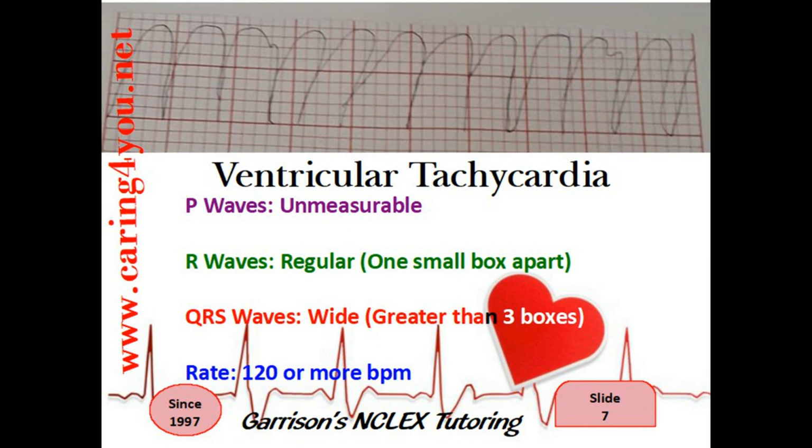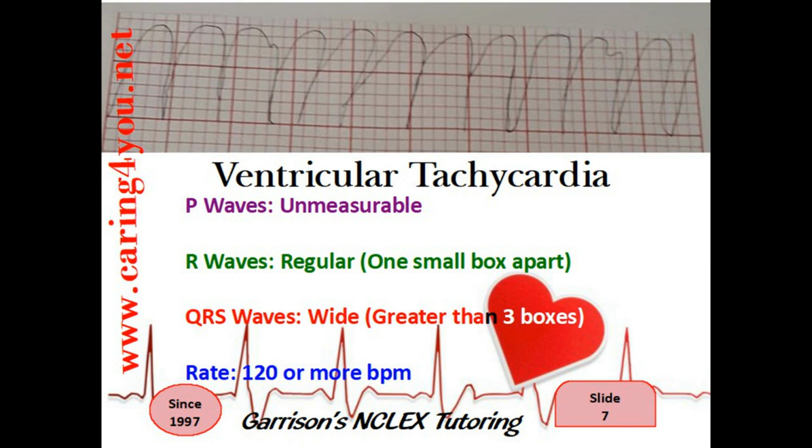So the R wave is regular, the QRS is wider than 3 small boxes, and the rate is always 120 or more. So let's count. How many R's are there here? 1, 2, 3, 4, 5, 6, 7, 8, 9, 10, 11, 12. Well, 11 and a half, 12. It's behind my logo. So that's 120 beats per minute.